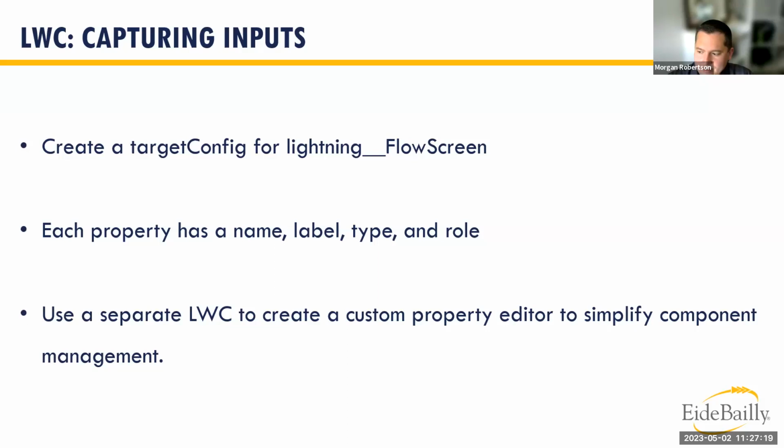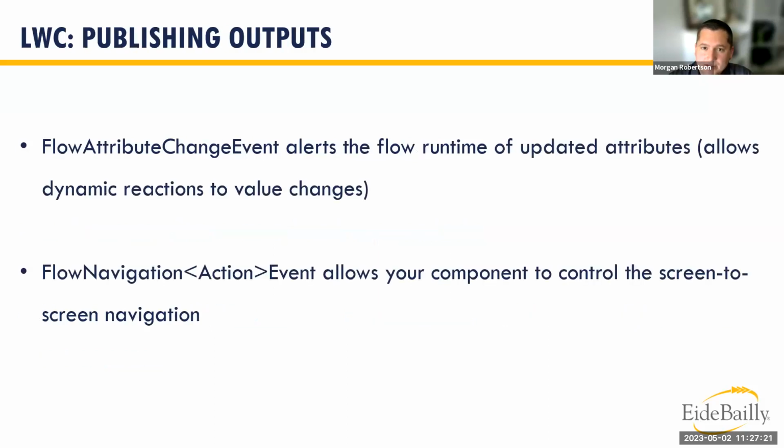And then as far as outputs go, there's two ways to publish an output. One is the flow attribute change event. This event does get fired when you hit the next button. So if you're just planning on moving to the next screen, you don't have to fire it multiple times. You don't have to fire both events.